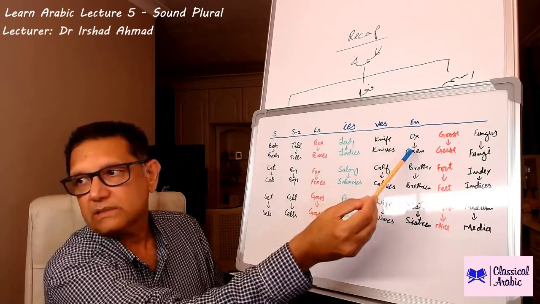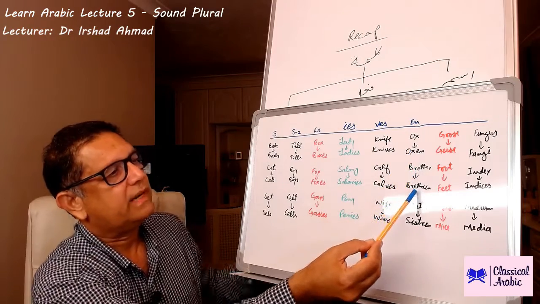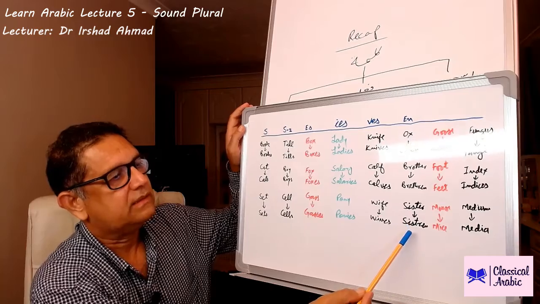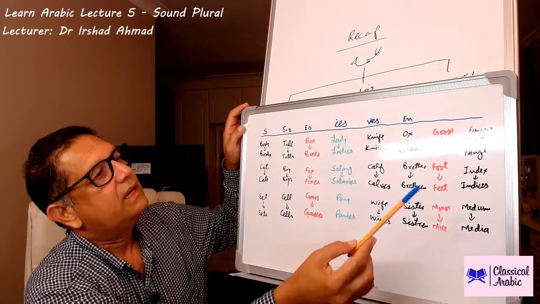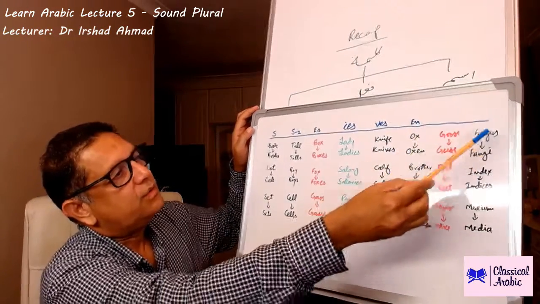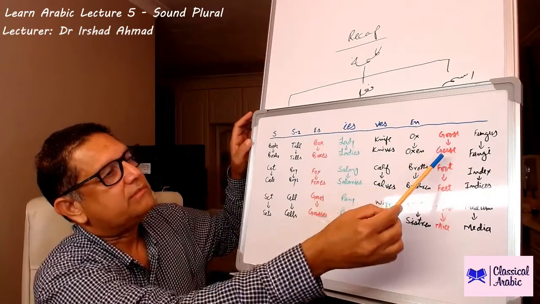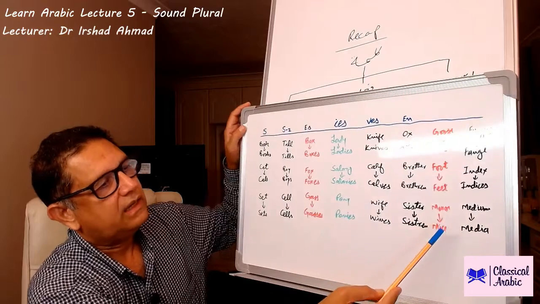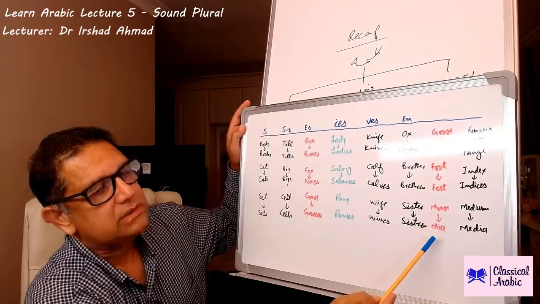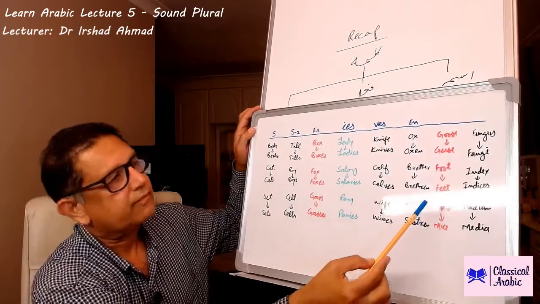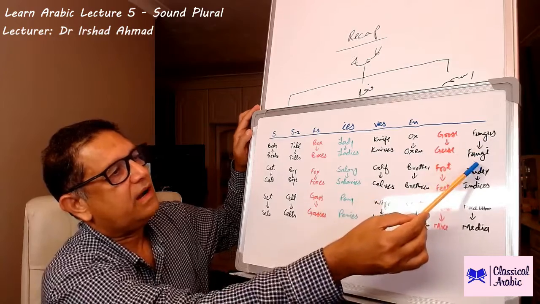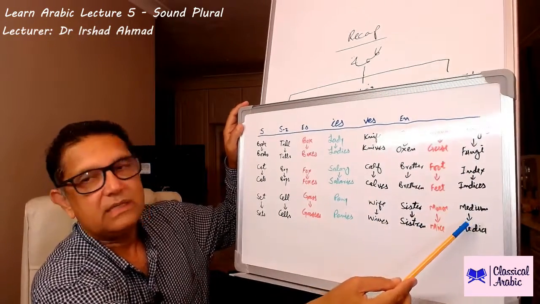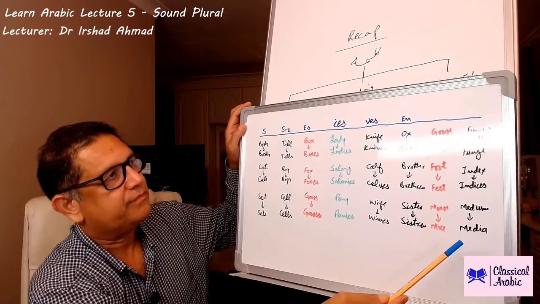Ox becomes oxen, brother becomes brethren, and sister, cistern, cistern actually. Here there are no rules at all. Goose becomes geese, foot, feet, and mouse, mice. Again here fungus, fungi, index, indices, and medium, media.